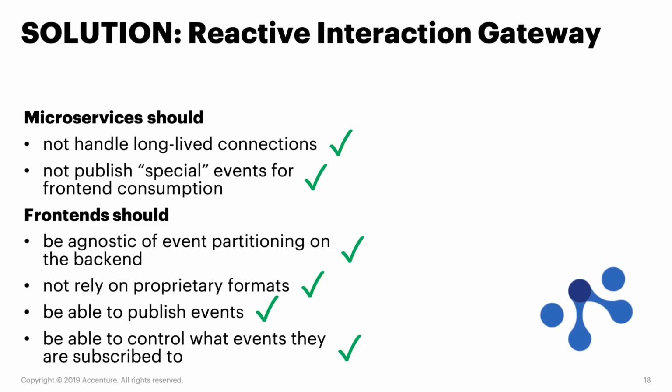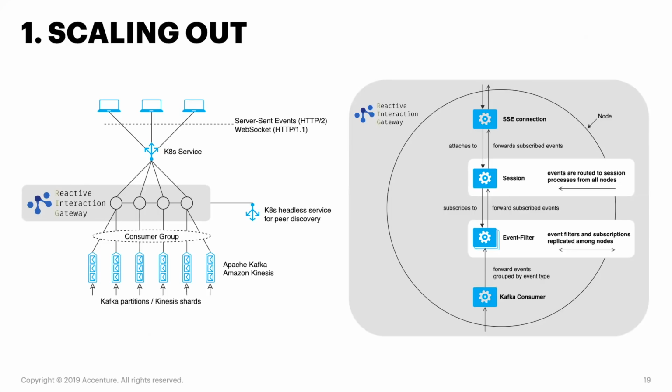Now, let's head back to the challenges that I've described earlier. The first one was about scalability. RIG is designed to be deployed in a cluster setup on Kubernetes. We're using a Kubernetes headless service for peer discovery, and RIG connects newly spawned nodes to the cluster automatically.